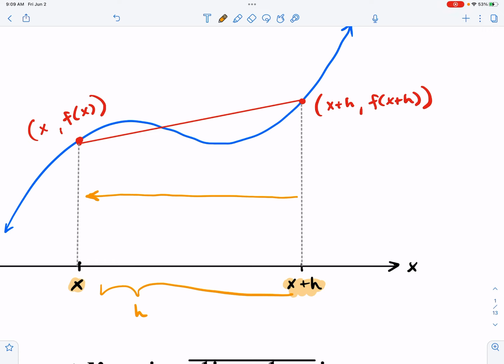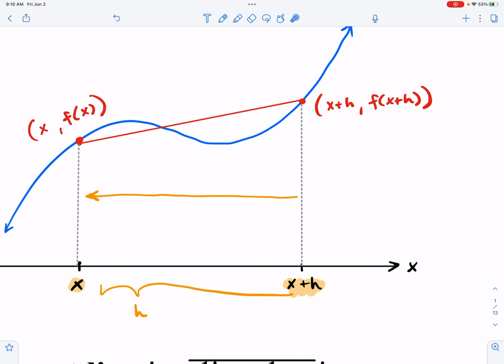If you thought about moving this point along the curve and calculating the slope of the secant line at every single combination of points, so moving closer and closer to x, comma f of x, as we get closer and closer in the neighborhood of x, then the slope of the secant line, so the slope of the line that passes through the endpoints of the interval, would get closer and closer to the slope at the point x, comma f of x.